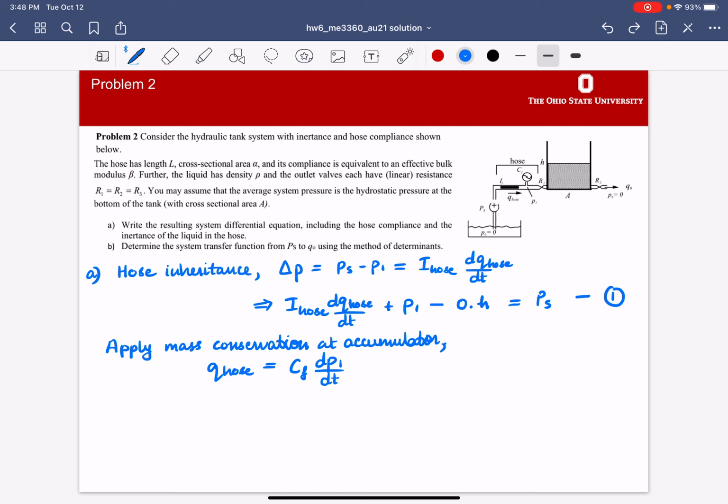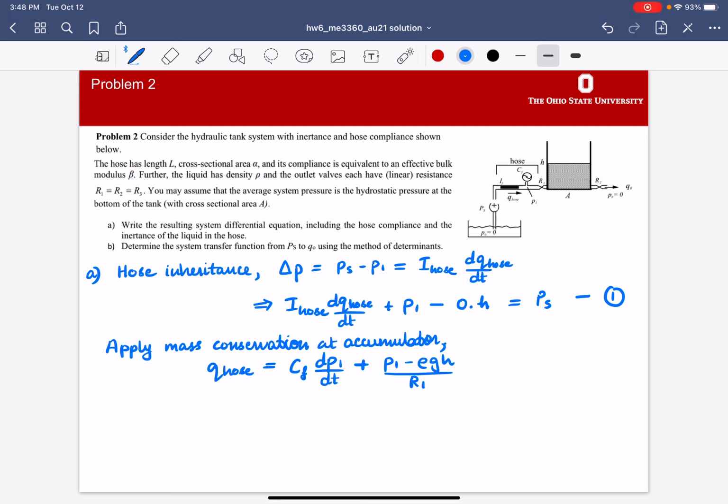So we can write it down as plus P1, that's the pressure before it enters the valve, minus rho GH, so that's the pressure at the bottom of the tank over here, and so that's the pressure that would be after the valve, and that divided by the resistance of the valve. So this is equation 1.